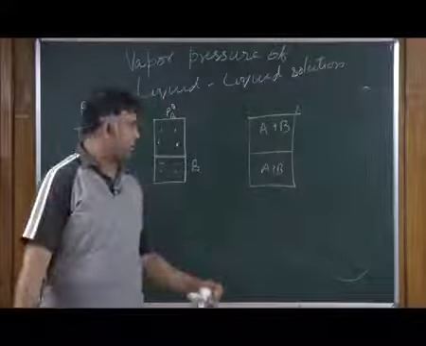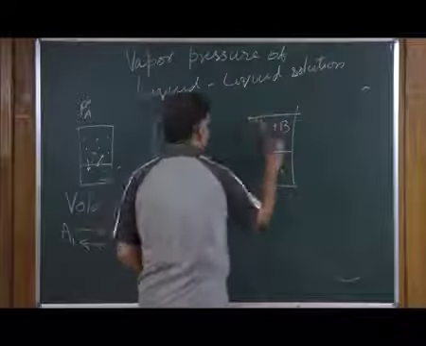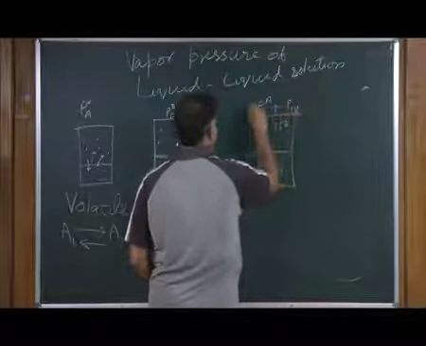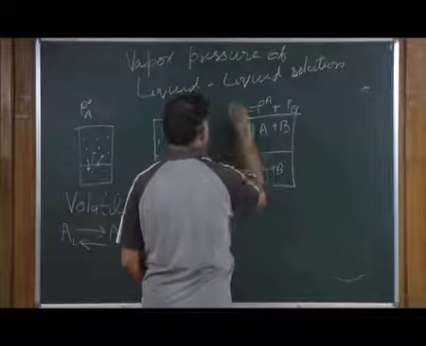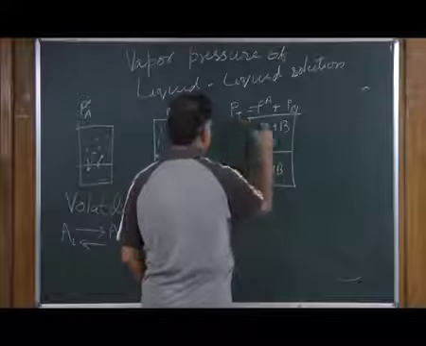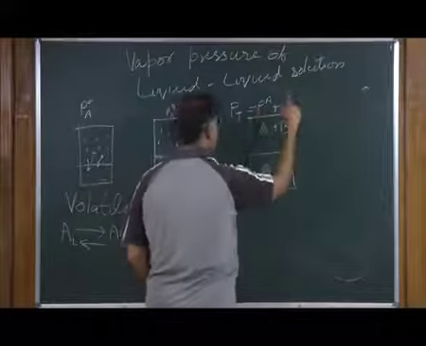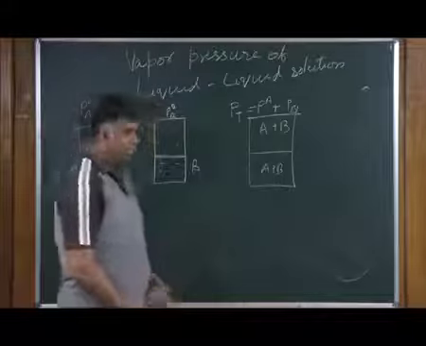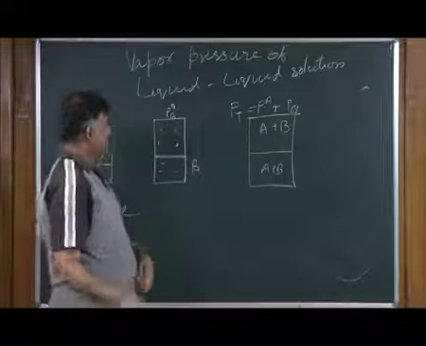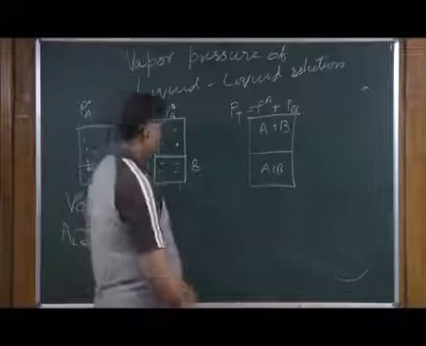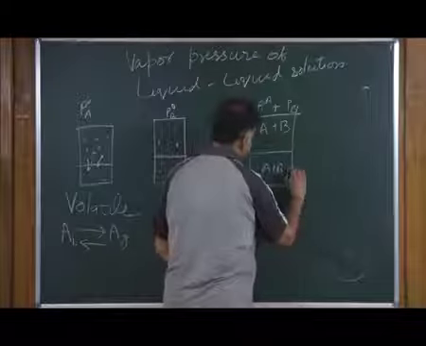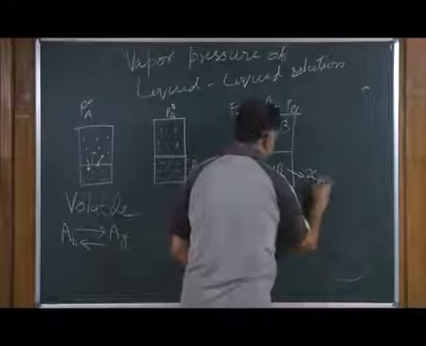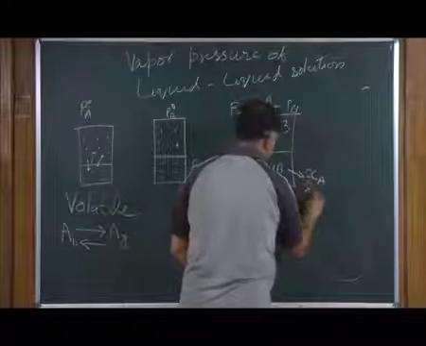What is the pressure exerted by A, what is the pressure exerted by B, and what is the total pressure P_T? So, this is the partial pressure due to A, the partial pressure due to B, and this is the total pressure. That is how I can classify the gaseous phase. But what about the liquid phase? The liquid phase I can classify by the mole fraction of A and the mole fraction of B.